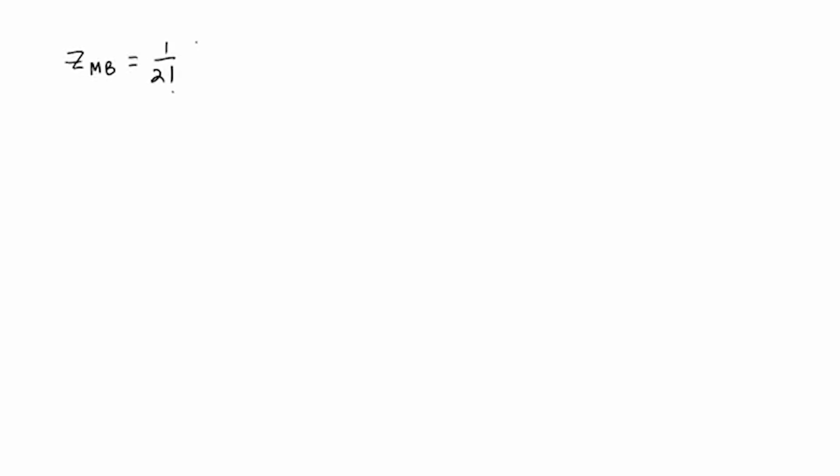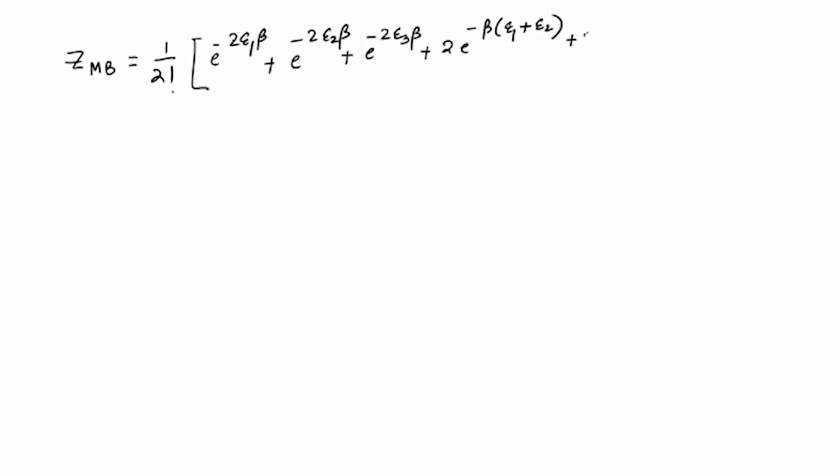So, we have this as 1 by 2 factorial, and then it is exponential minus 2 beta epsilon 1 plus exponential minus 2 beta epsilon 2 plus exponential minus 2 beta epsilon 3 plus twice of exponential minus beta epsilon 1 plus epsilon 2 plus twice of exponential minus beta epsilon 1 plus epsilon 3 and plus twice of exponential minus beta epsilon 2 plus epsilon 3 and so on. Okay. So, that is the distribution, and we have correctly divided by the number of particles, which is 2 here.